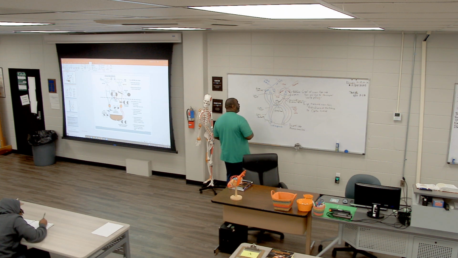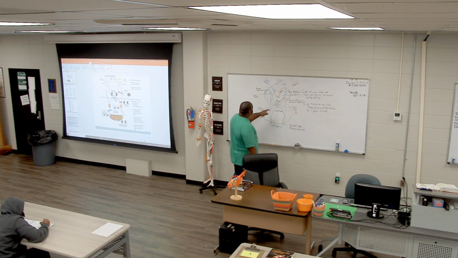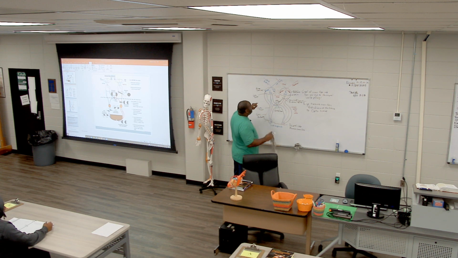I damage the optic chiasm. In the chiasm is where my medial rods and cones that carry peripheral or temporal vision, that's what I'm injuring. My medial rods and cones carry peripheral or temporal vision.